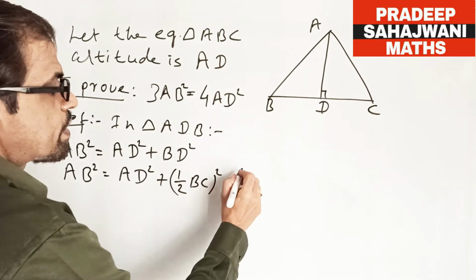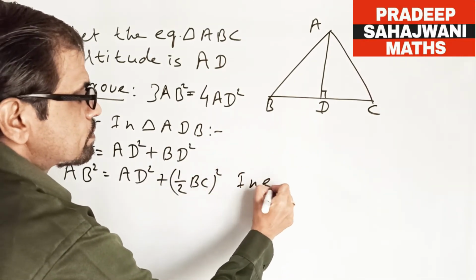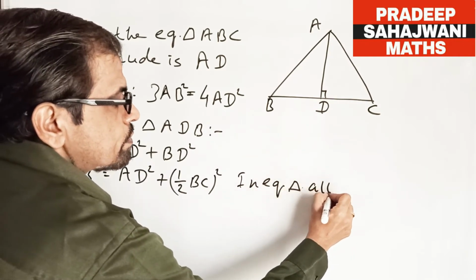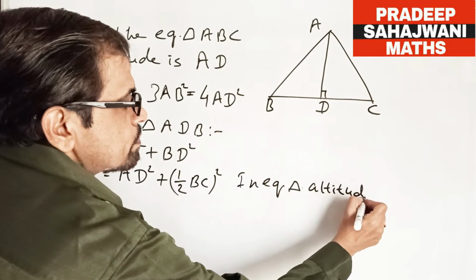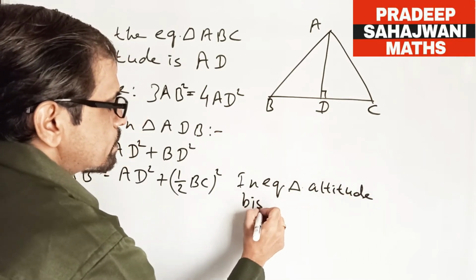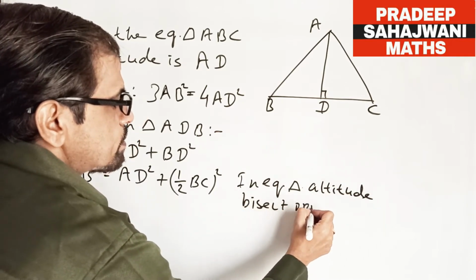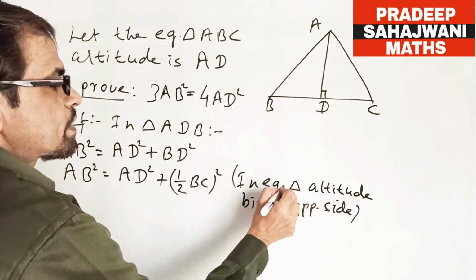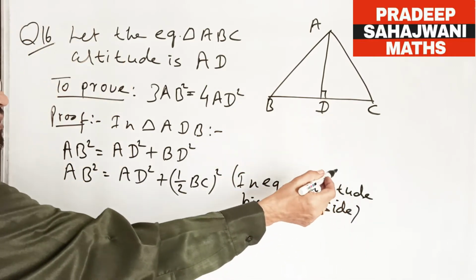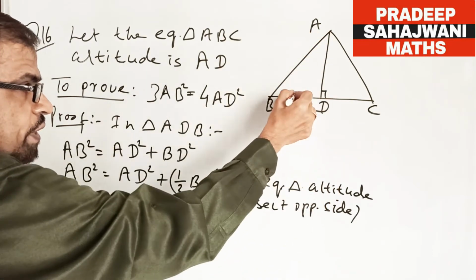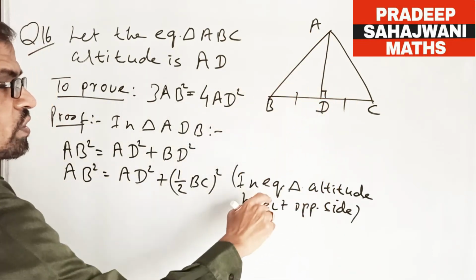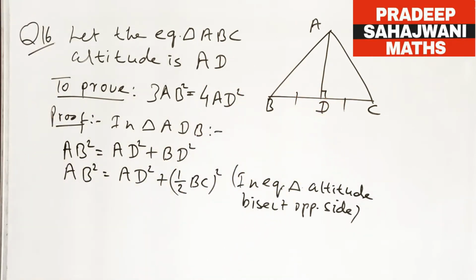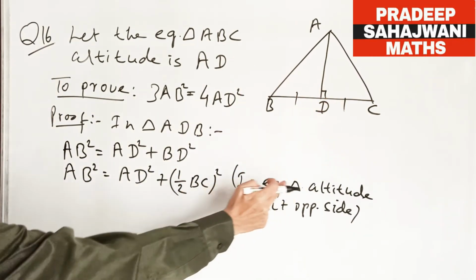Listen why: in a triangle, the altitude bisects the opposite side. You can mention the reason. In an equilateral triangle or isosceles triangle, this altitude bisects the opposite side, or you can prove the triangles congruent, then by CPCT BD is also equal. I think this will be easier to write.